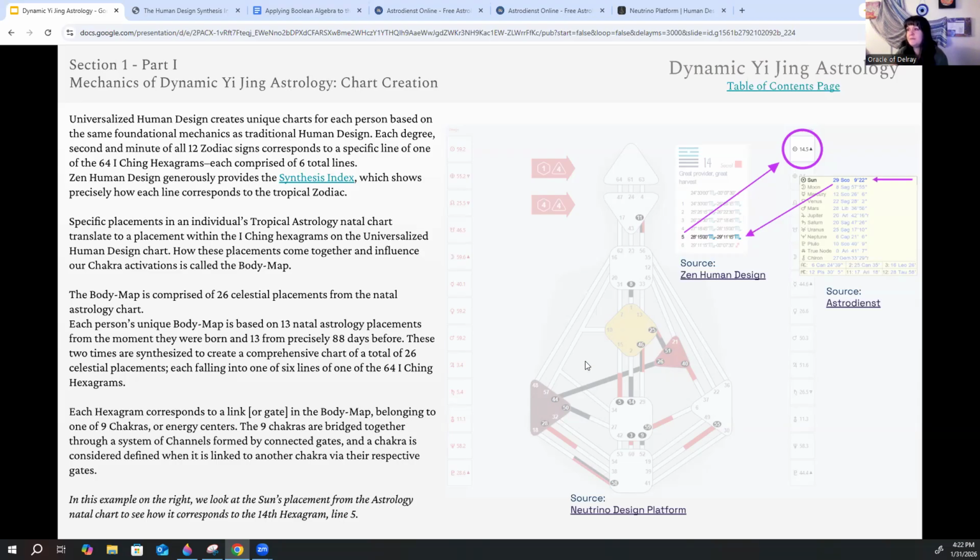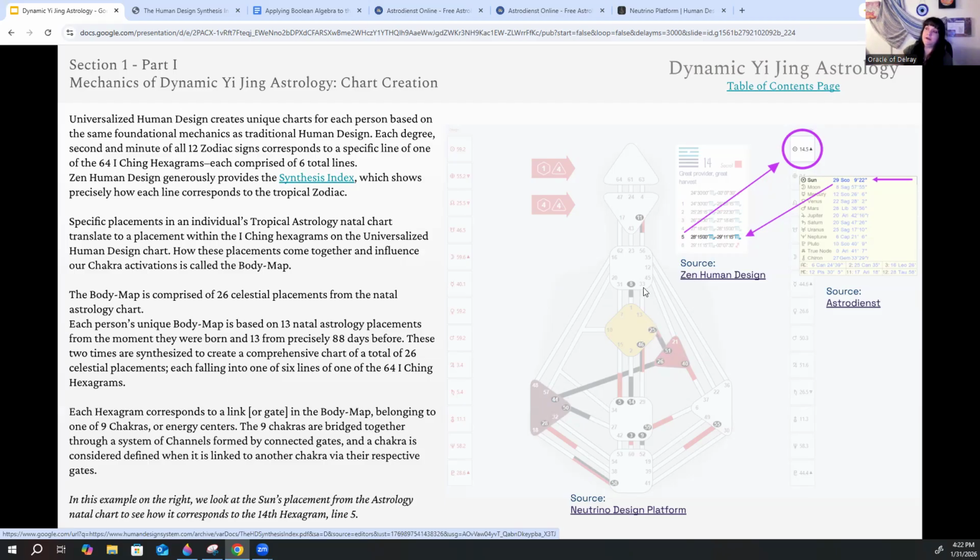So the body graph is comprised of the nine chakras, and each planet activates a gate. And when two gates connect, it forms a channel. And when there's activations on either end of the channel, it activates or defines the corresponding chakras. So I have the 25-51 channel, which activates my Ji and heart chakra, as well as the 44-26 channel, which activates my heart and splenic chakra.